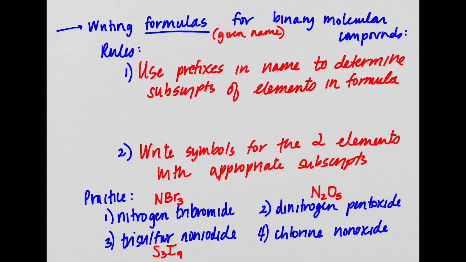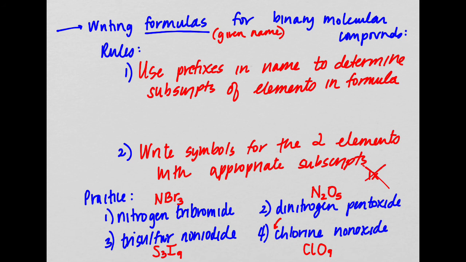Then finally we have chlorine nonoxide again. We don't have a prefix for chlorine, nothing in front of the chlorine. So we know that means there's just one chlorine, but we don't write 1 as a subscript, just like we don't write 1x when we're doing math. So we have 1 chlorine and oxygen. We have nona, so there are 9.